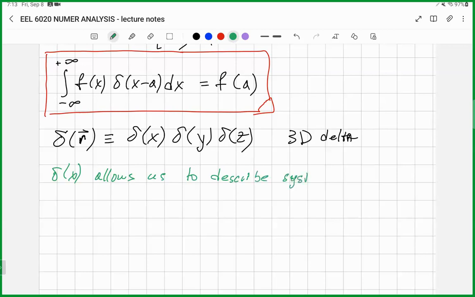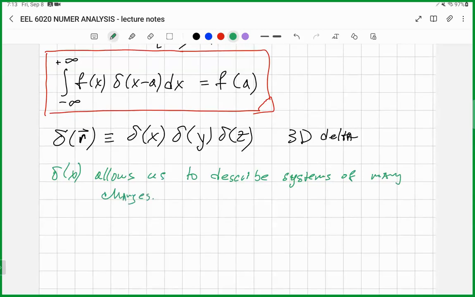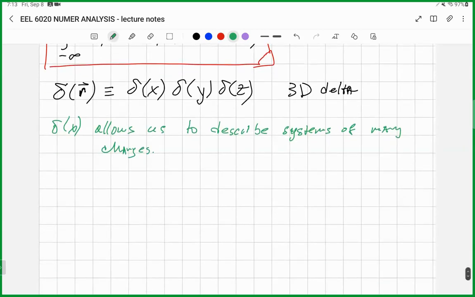Instead of keeping track of each charge in the system, if the system contains thousands or billions of charges, we had better average all these charges over the volume.